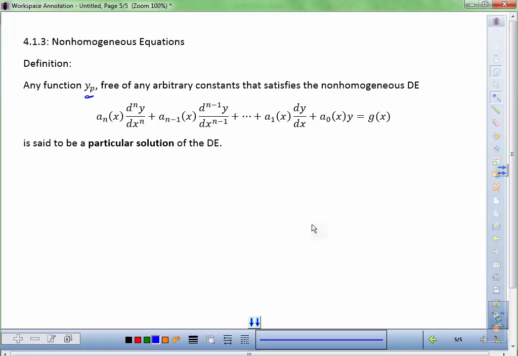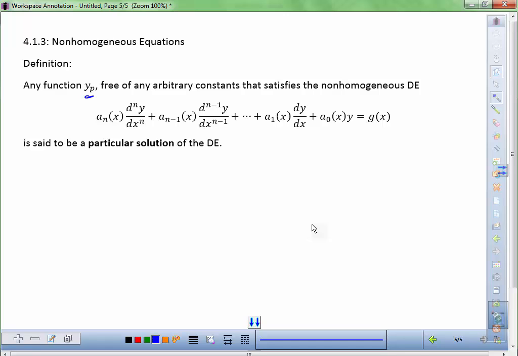We're still dealing with linear differential equations. When we start going off into nonlinear differential equations, then that's a different story. So we're still dealing with linear differential equations of higher order, and if it's non-homogeneous now, then we need to find another solution that's called a particular solution.